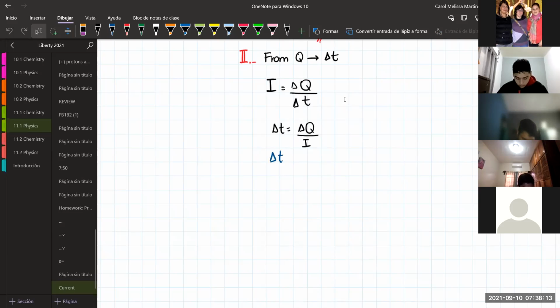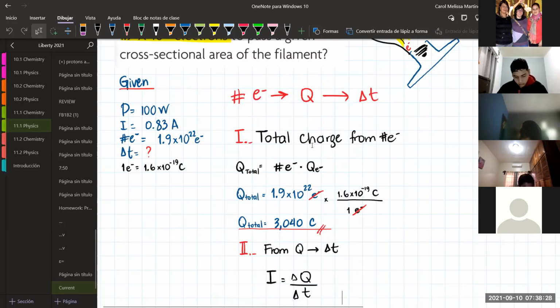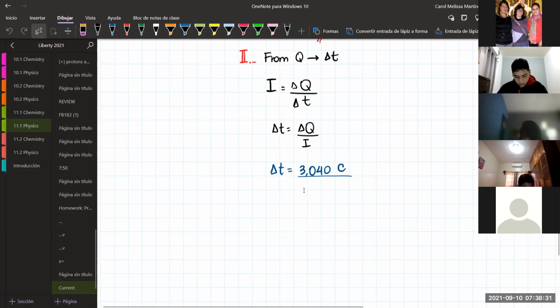Delta T is equal to the Q, which is 3040 coulombs, divided by the current. The current is 0.83 amperes. Remember, what is an ampere? Ampere is 1 coulomb over second. So coulombs and coulombs will be cancelled and the remaining unit will be seconds.